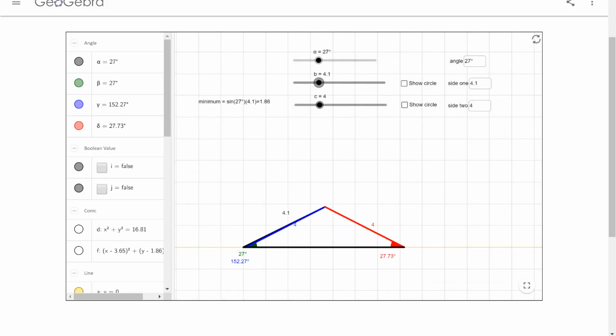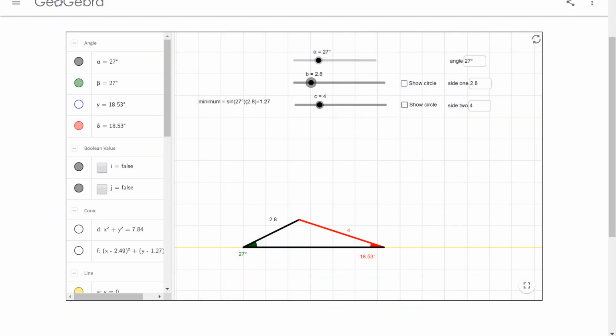So notice when I drag this over, once it equals 4, once they're equal to each other, well, suddenly, oh, there it is, close. Once they're equal to each other, then only one triangle emerges.